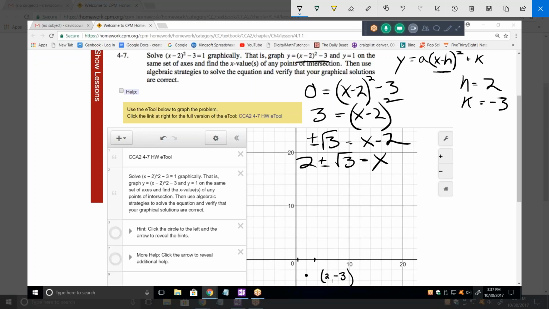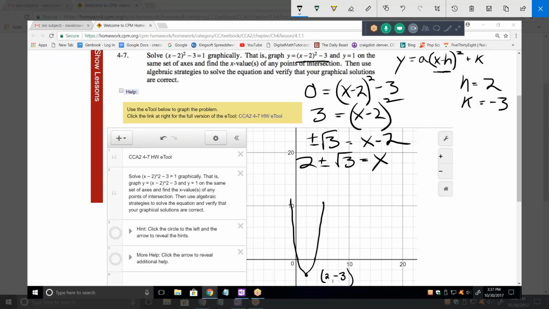So those are my two x-intercepts. And now I can draw my parabola as best as I can. So there's my parabola, okay?